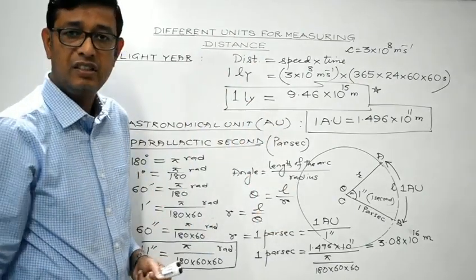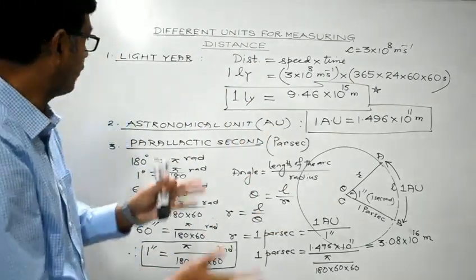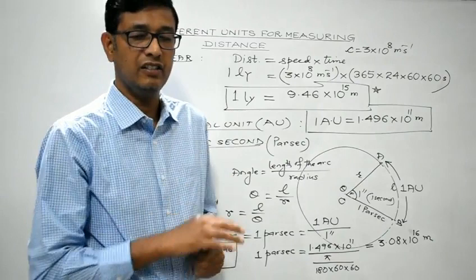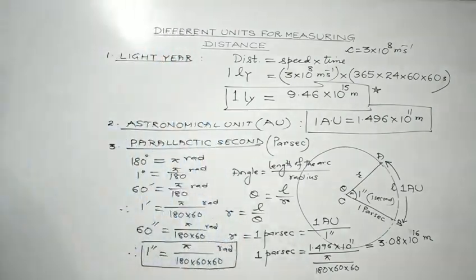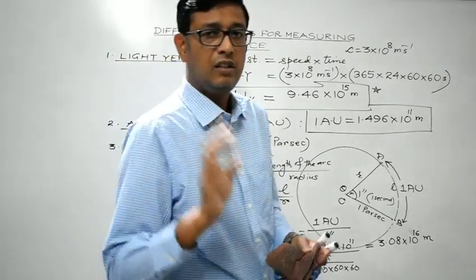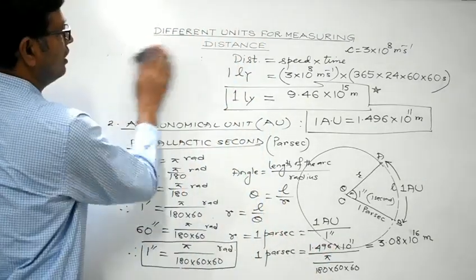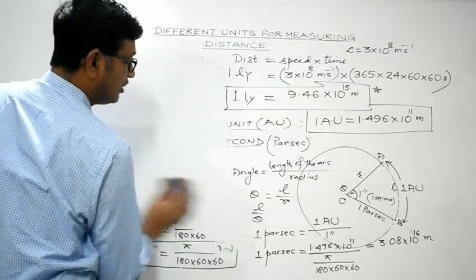Let us discuss these 3 topics again, and then we'll try to find out the relationship between parsec and light year. And then we'll also discuss some other units as well. We have discussed 3 large units for measuring distances. First, light year.